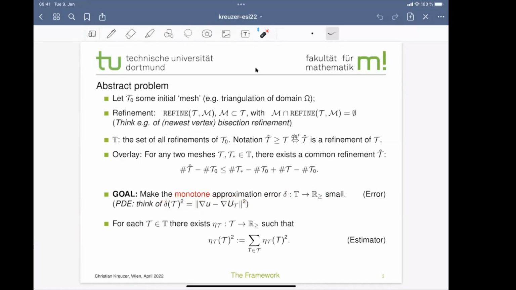And then for adaptive finite element methods, you have some finite element estimators available, and the finite element estimator or indicators is a mapping from the triangulation T into the non-negative real numbers, and its accumulation, so this is just accumulating all the indicators, is what we call our error estimator. Okay, so far so good.